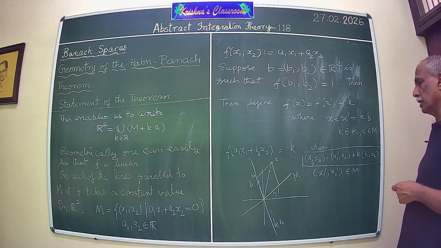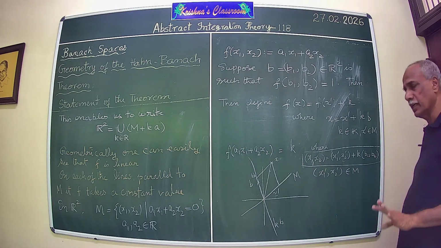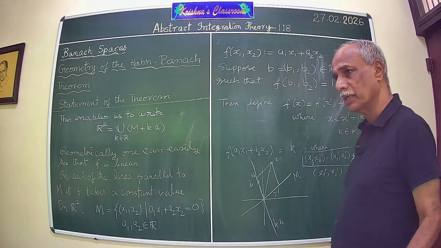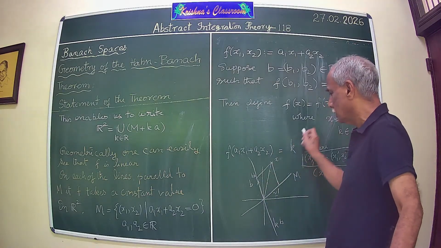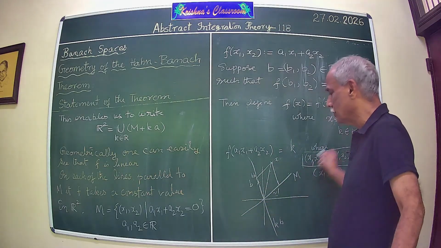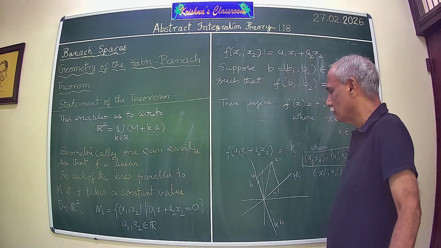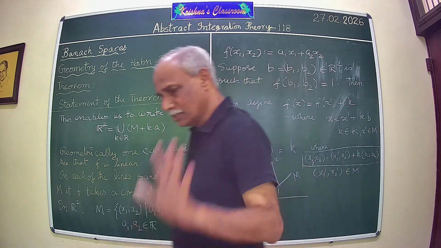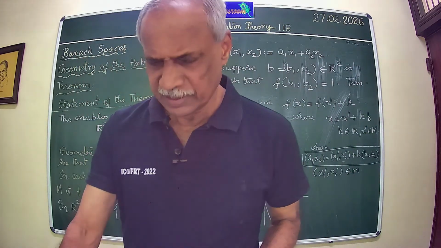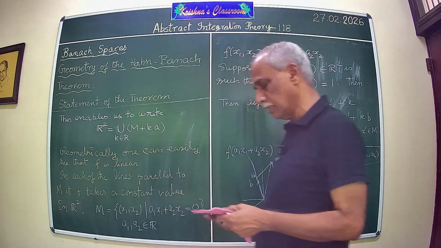This is the picture then, okay? Right? And this is exactly what it means. So on the lines parallel to M we get the same value K for f. Okay, so that defines the linear function. You can easily show that it's a linear function.